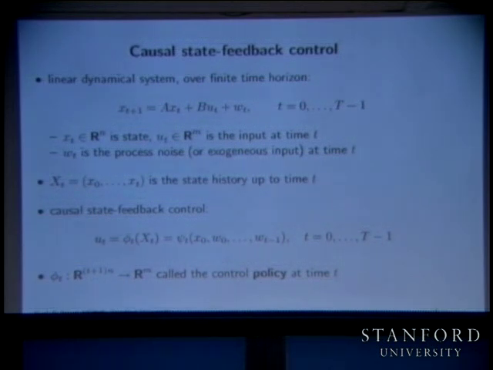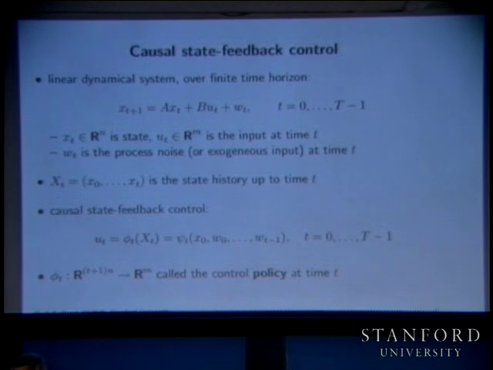Now, when you talk about control, we're going to require that the input must be causal state feedback. What that means is that the input u_t is a function of the state history. If you're a function of the state history, then you're also a function of the disturbance history.